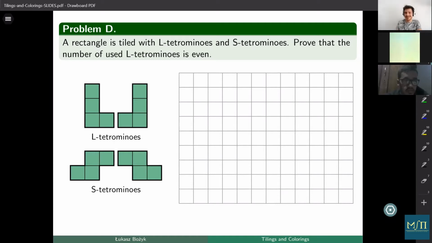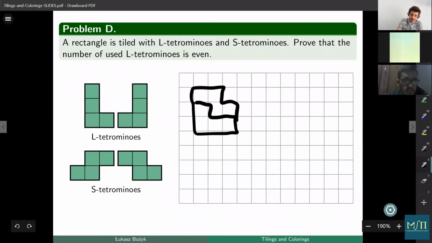But before the set of extra problems, let's have a look at this problem D. And it's of a bit different type than the three I've shown you before. Namely, suppose that we have a rectangle which is tiled with L tetrominoes and S tetrominoes. Okay, so for example, it could look like this.